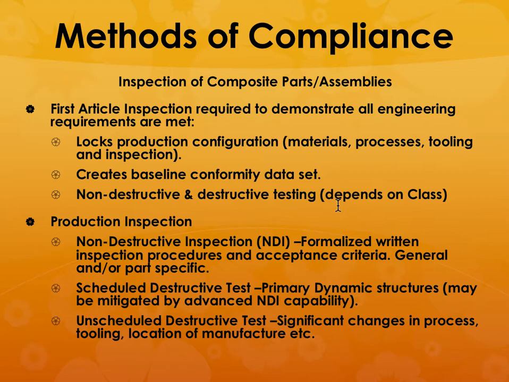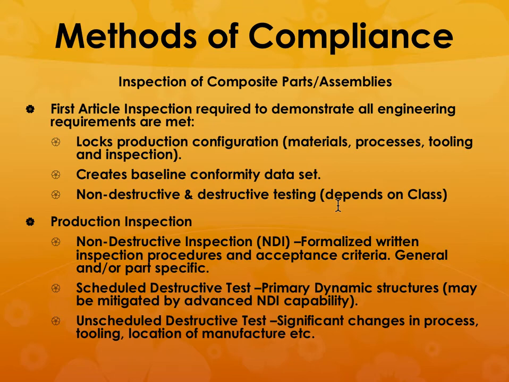Okay, so it will make sure that the production configuration, materials, processes, tooling and inspection are all met, and you create a baseline conformity data set. And then you also have non-destructive and destructive testing procedures set in there, and it has to be followed religiously. There are no ifs and buts, because you are dealing with lives, people's lives. So you have to make sure that the component properties are met.